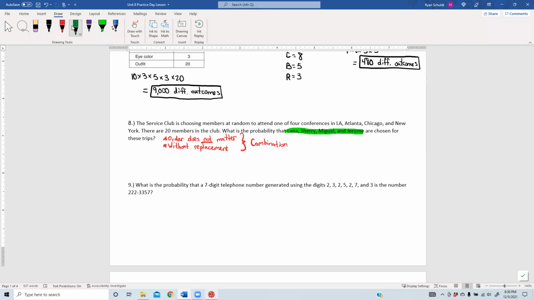So let's see. We have 20 members in the club, so N is 20. We need to pick 4 people to go on these trips. Okay, so it's going to be a combination where we have 20 and we're choosing 4.